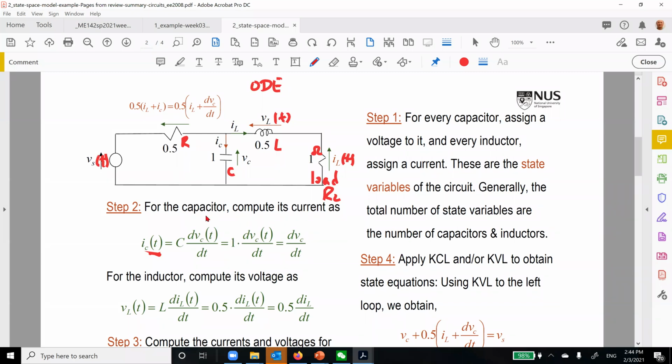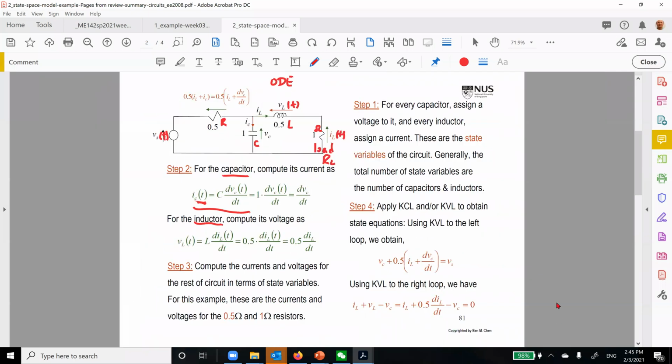These two are energy storage elements. So this is a constitutive equation, and this is another constitutive equation. So you have these two.